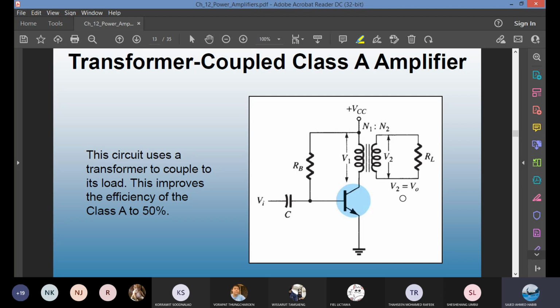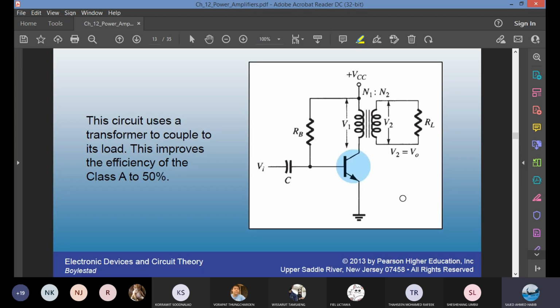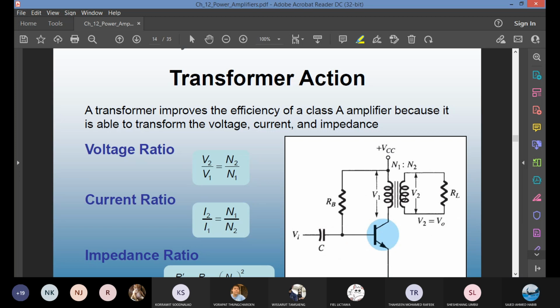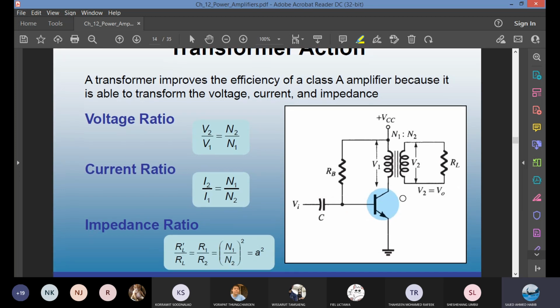For the current, the numbers will be reciprocal. Here's the transformer action. Look at the voltage ratio. V2 over V1 equals N2 over N1. And then I2 over I1 equals N1 over N2. So you can find the current in the primary and secondary side. You can also find the voltage.